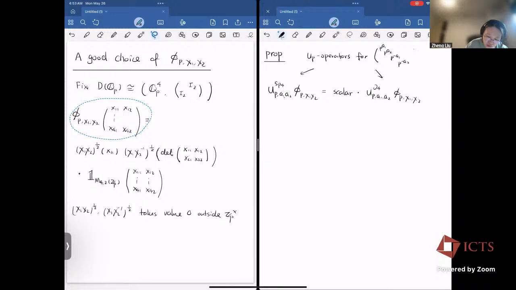So this is an element in both O4 and SP4, and here I have a1 larger or equal to a2 larger or equal to 0. And so this scalar is actually independent of chi1, chi2, and can be arranged to be a unit under suitable normalization.